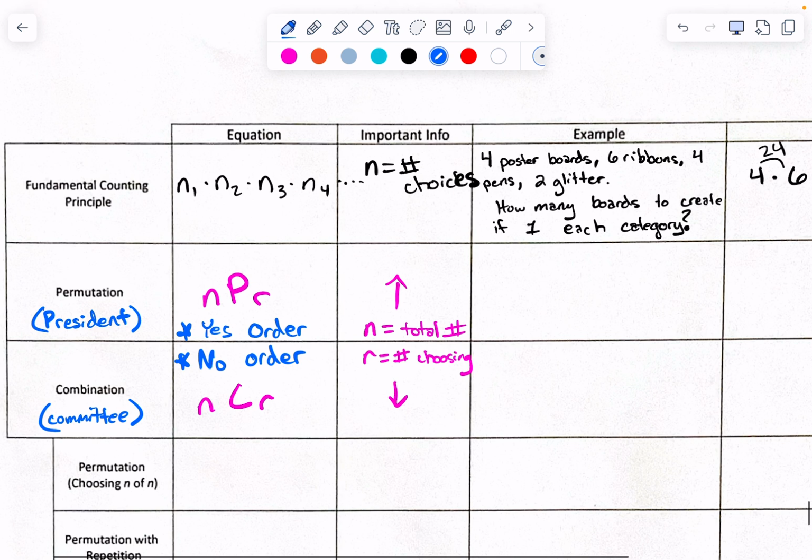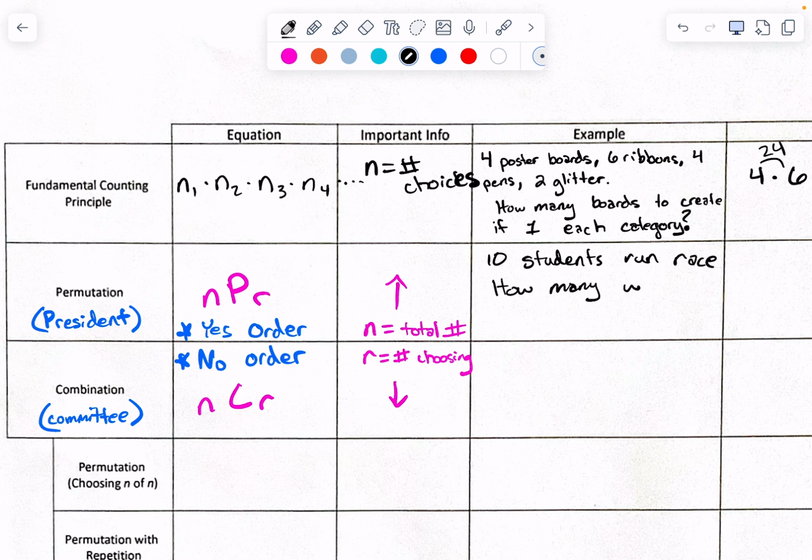Example. 10 students run a race. How many ways to choose first and second? Does order matter? Yes, because you want to be first, right?